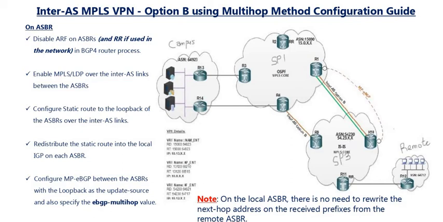Then the next part to do is to ensure that you establish eBGP, but in the multi-protocol BGP domain. And you have to specify your update source to be the loopback, and also the MP-BGP multihop value.